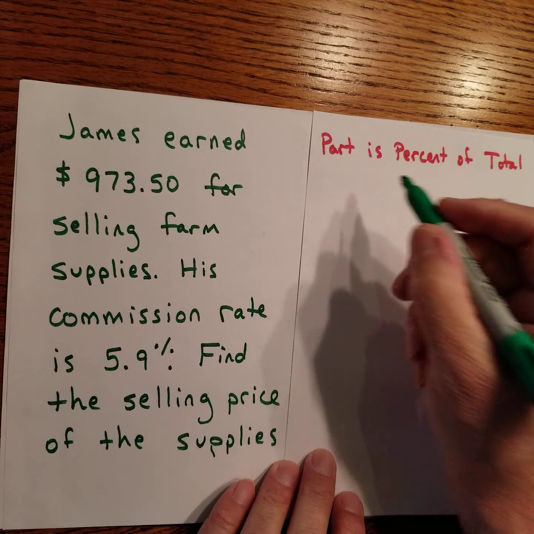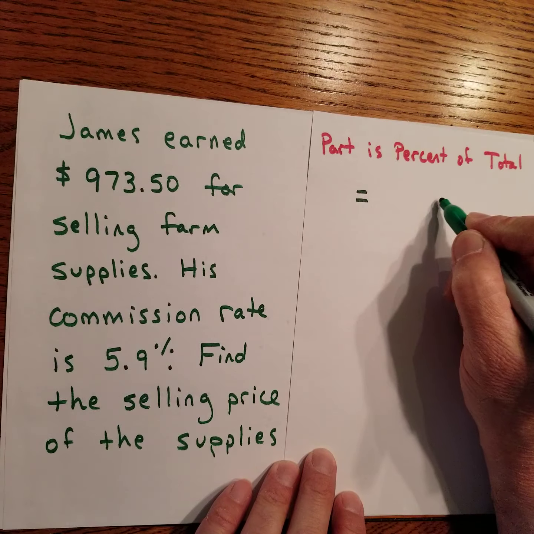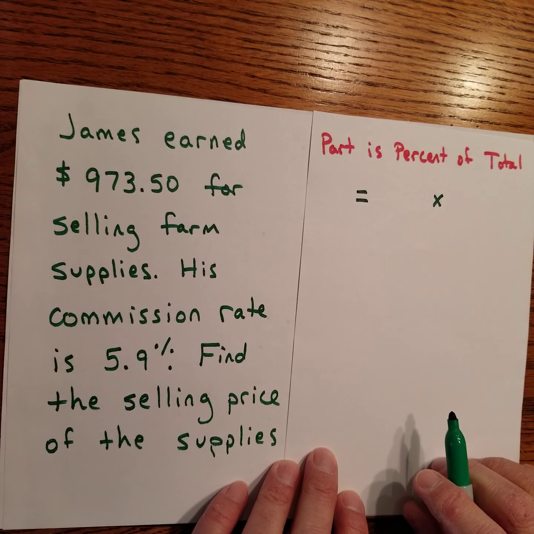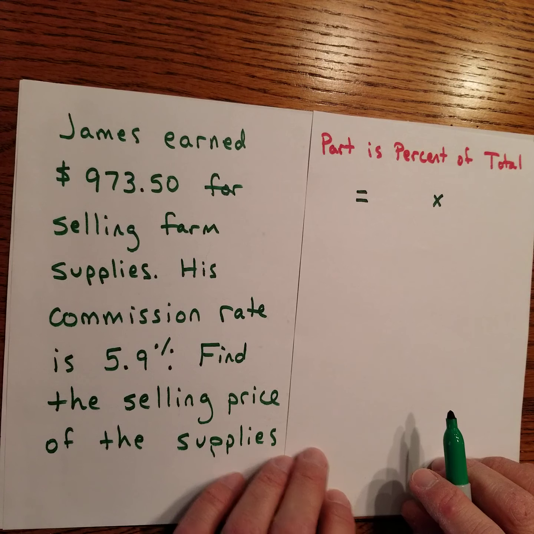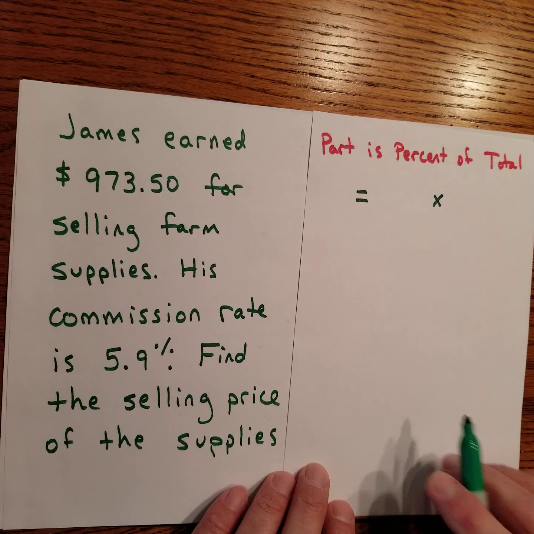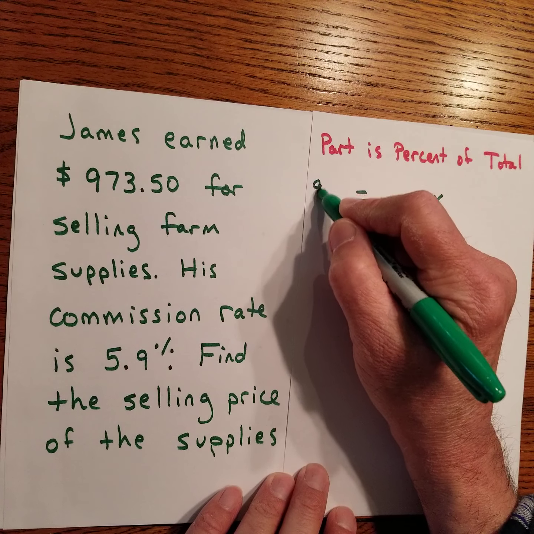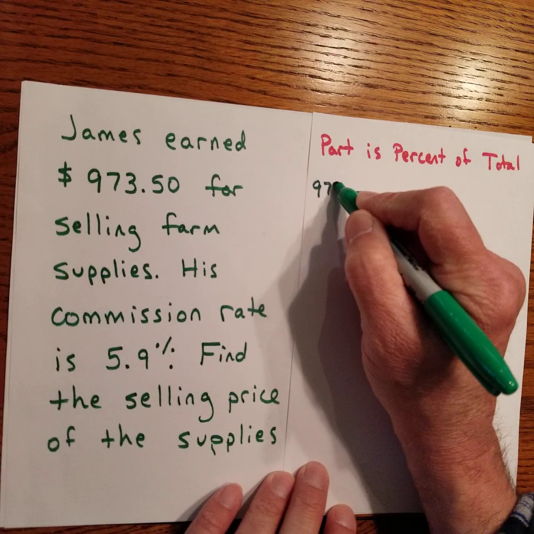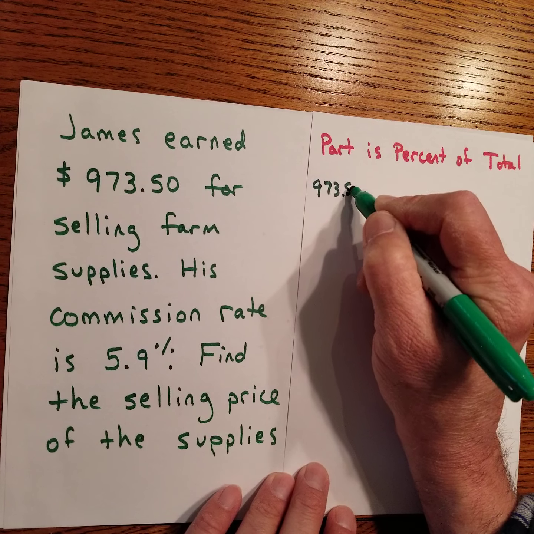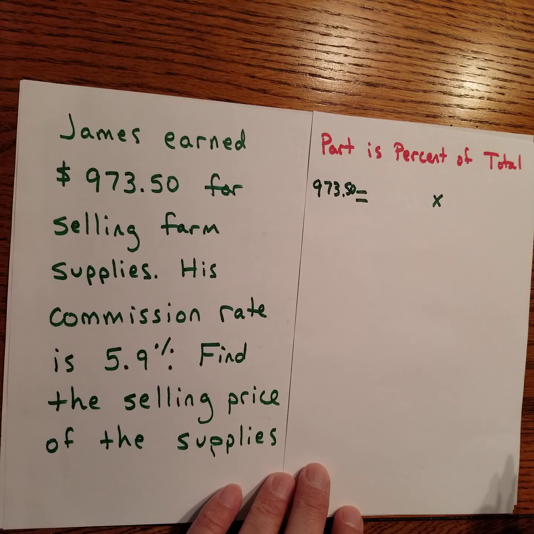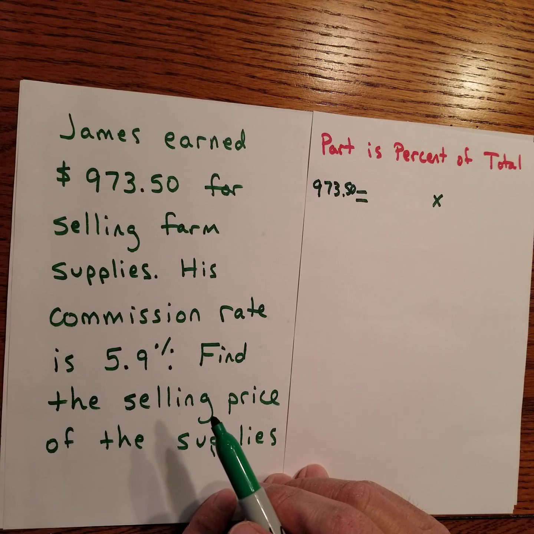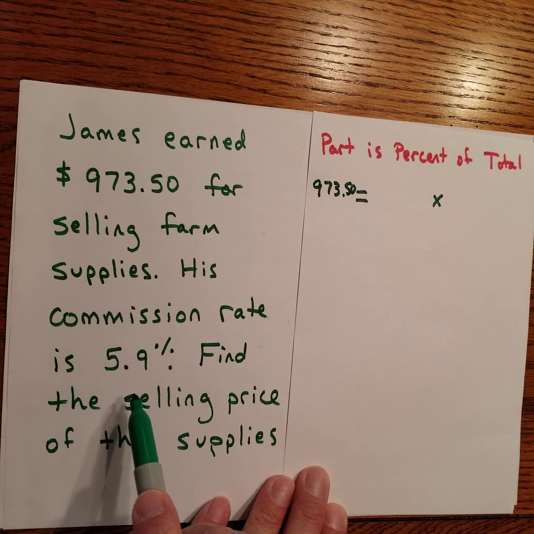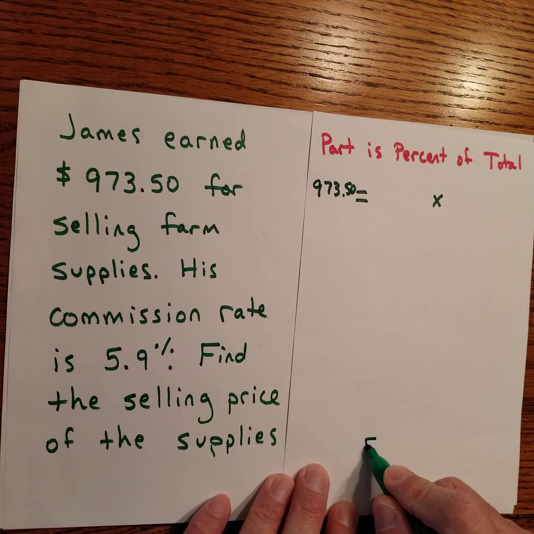Let's fill in the formula. Is equals, of is times. James earned $973.50. That's the part he gets to keep. $973.50 for selling farm supplies. His commission rate is 5.9%.